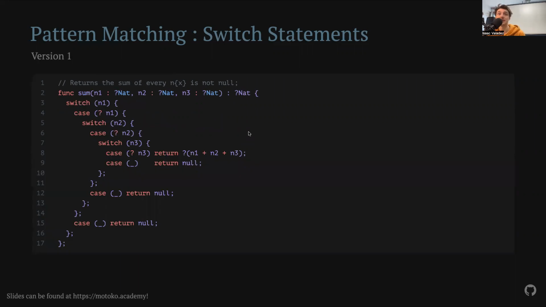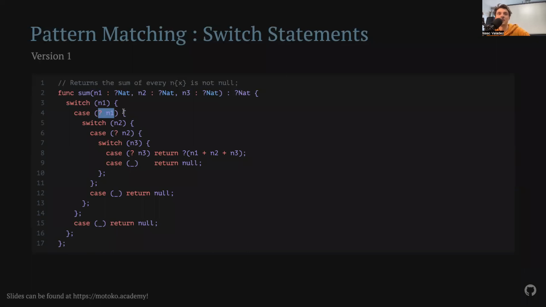So what we see here is an implementation. We leverage a switch statement to check what the underlying value is and extract it. If we go over it together, let's first check whether the first value is null. We do a switch on the first value, and down here, we say if it's not an actual value, if nothing is assigned, we return null.